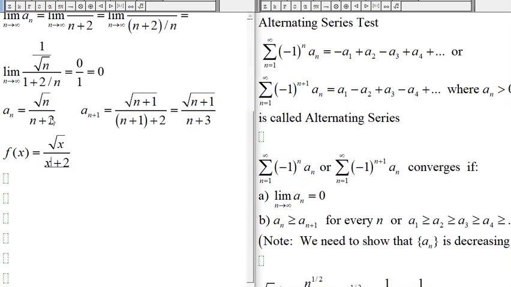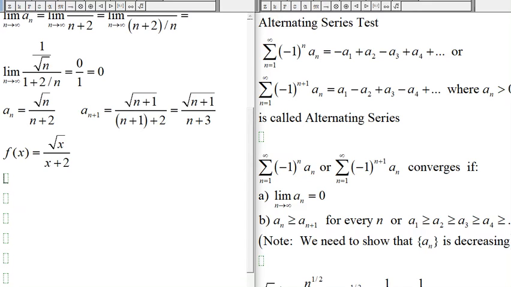And so to show that this is a decreasing sequence, to show that the sequence is getting smaller and smaller and smaller, we have to show that the derivative here is negative on the interval from 1 to infinity, or some finite number to infinity.